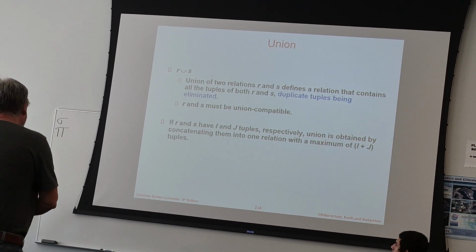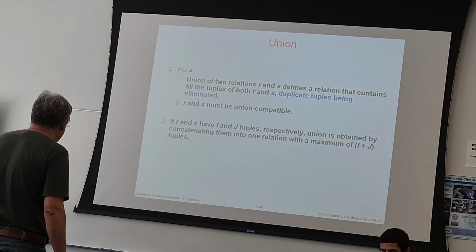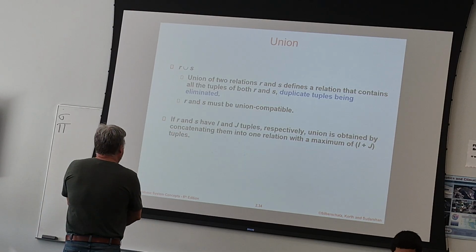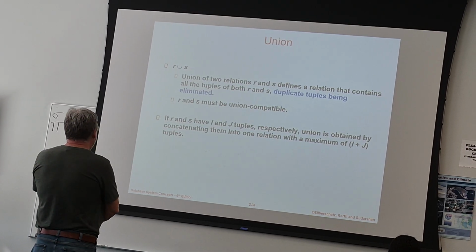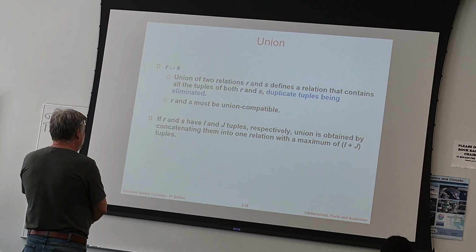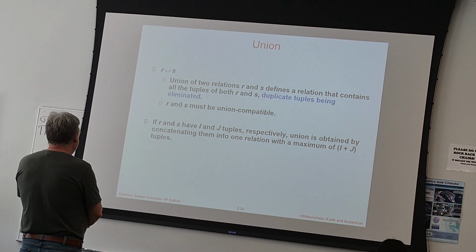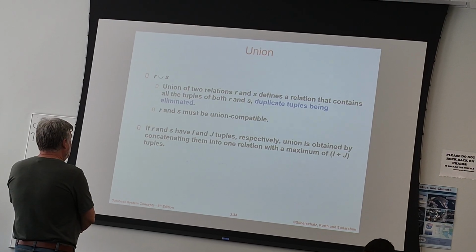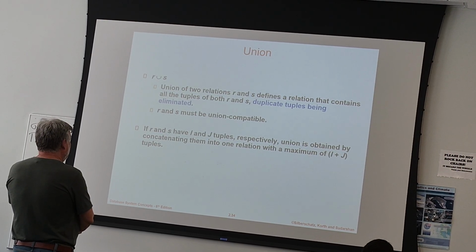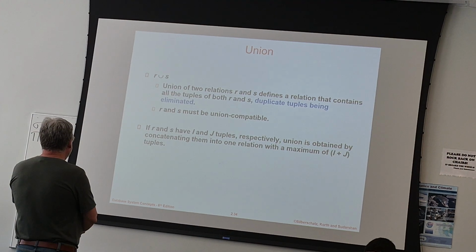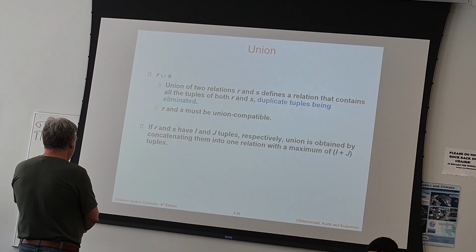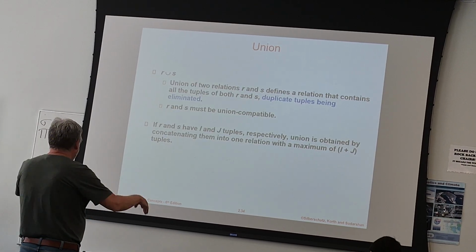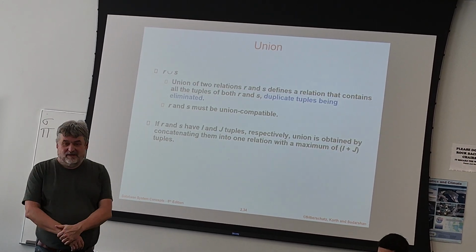You've got 2 sets of values, 2 tables, R and S. So unioning 2 tables together, R and S, is basically creating a new table, defines a relation that contains all the tuples of both R and S. And if there are any duplicate tuples, then they are eliminated because math, set theory.